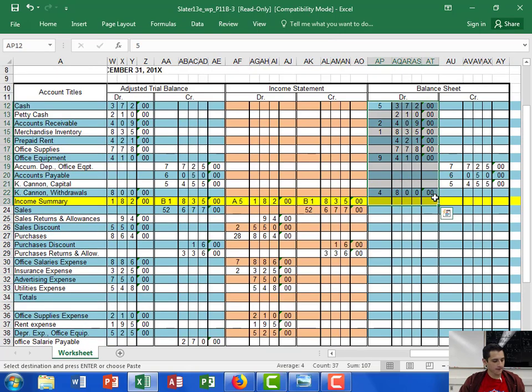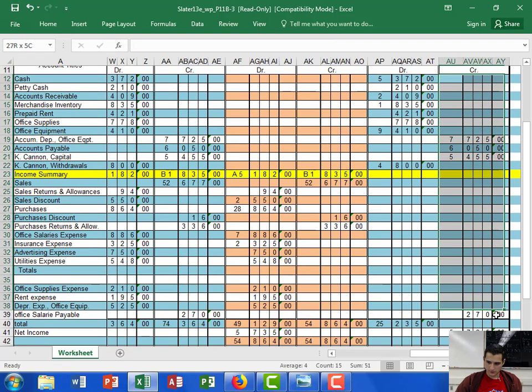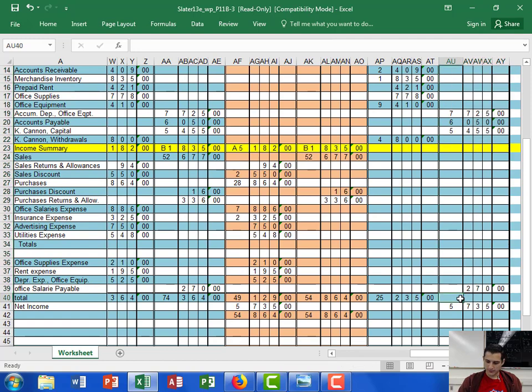So if you take these numbers and add them together for your debit side, you should come out with a number of $25,235. And on your credit side, if you add those together, you should get a number of $19,500. This is where I'm showing you where you're going to be short before, because the worksheet requires you just to bring this net income number that you got out of the income statement over into your balance sheet.